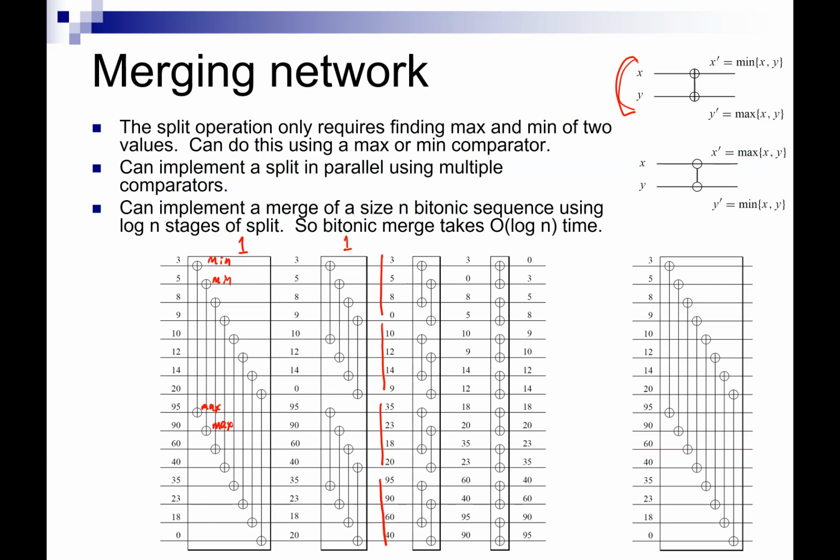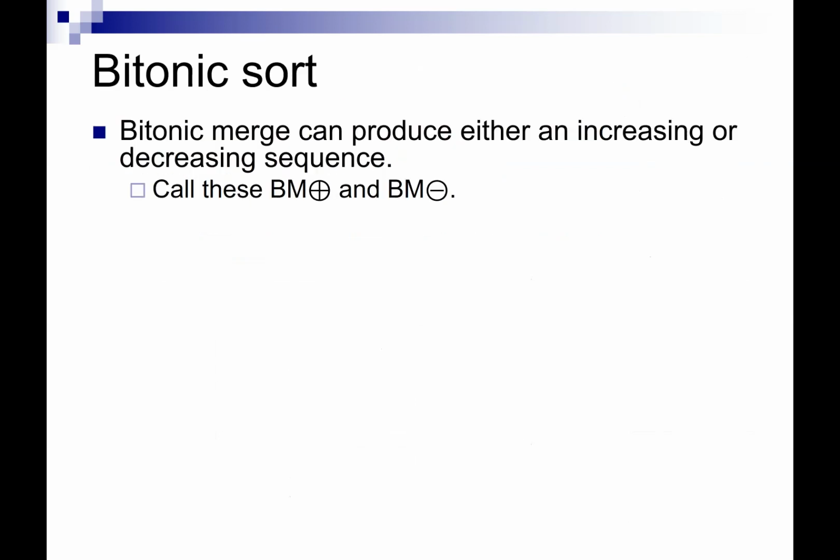Okay, so now we are almost done with bitonic sort. Just a few more steps, and then we will have the bitonic sort algorithm. Up to now we have the bitonic merge algorithm. Finally, we're going to take the bitonic merge and use this to implement bitonic sort. The first thing to notice is that currently we're sorting into increasing order, but you can just as well sort into decreasing order.